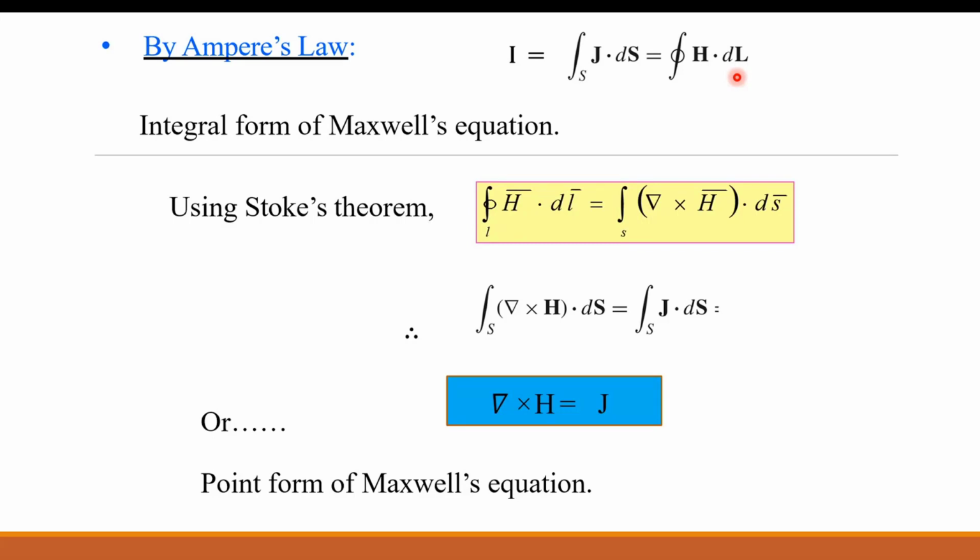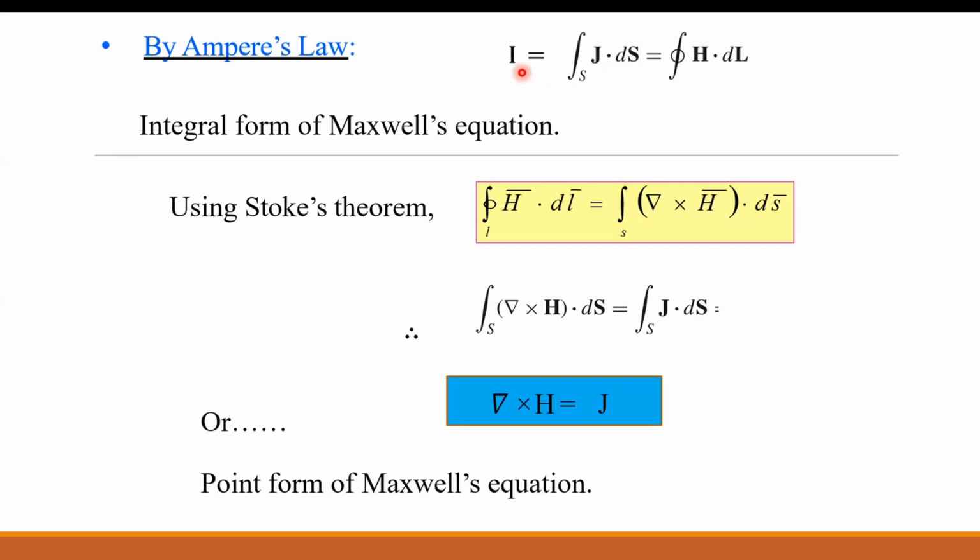Now I, we already know that it is also equal to surface integration of J bar dot ds bar, where J bar is what? It is current density. So current density म्हणजे current passing through a given area, unit area, right? So it is measured in ampere per meter square. So J bar is current density, and if we multiply that density by ds bar, then we'll get current.